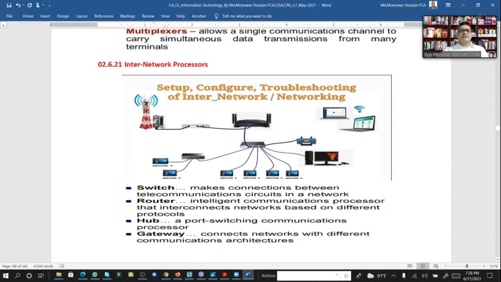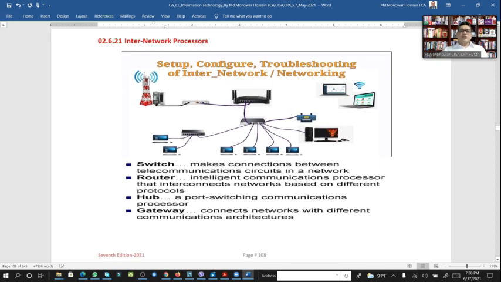Here, if we see the internetwork processors, a switch, router, hub, and gateway. That means we can set up this way, configure this way, and troubleshoot in networking. For example, using the switch, router, hub, and taking the gateway, we connect networks with different communication architecture.